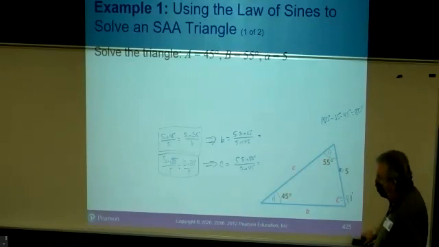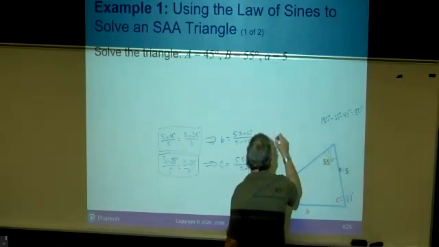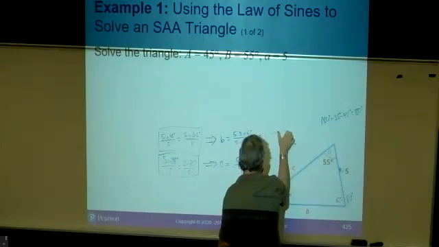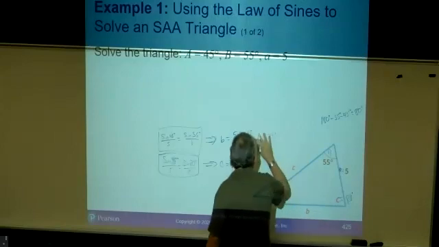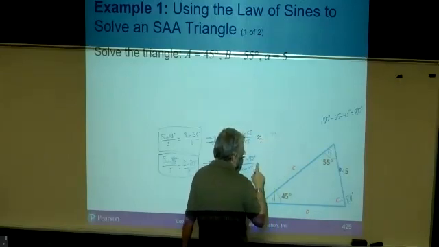So that's just calculator work. I got 5.79227, but I could be wrong. So we're going to round to 2 decimal places for our answer. So it's approximately, it doesn't equal it exactly because we're rounding.